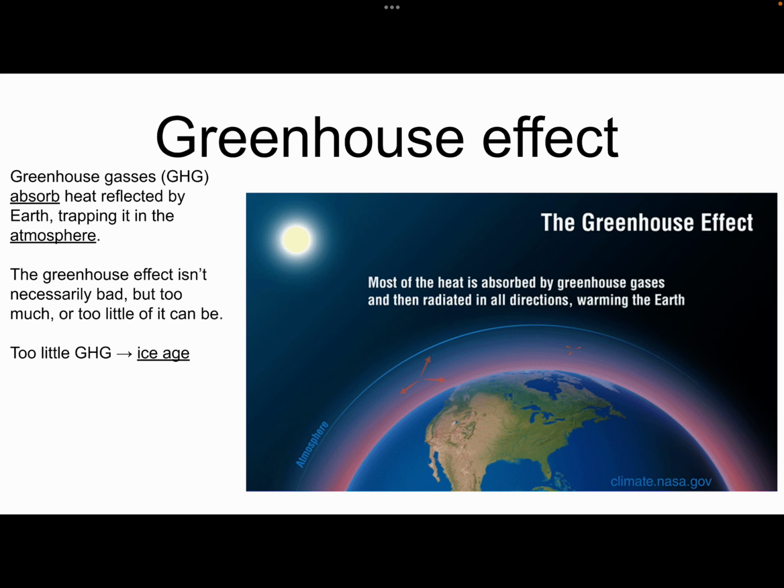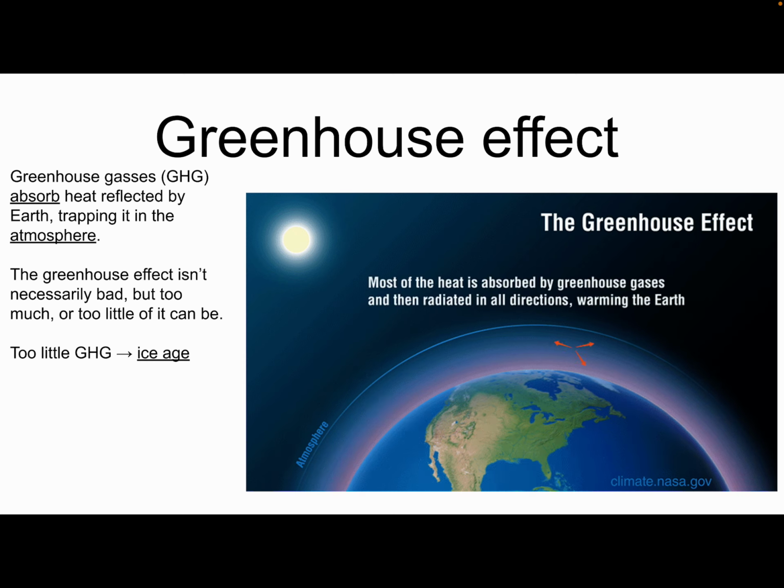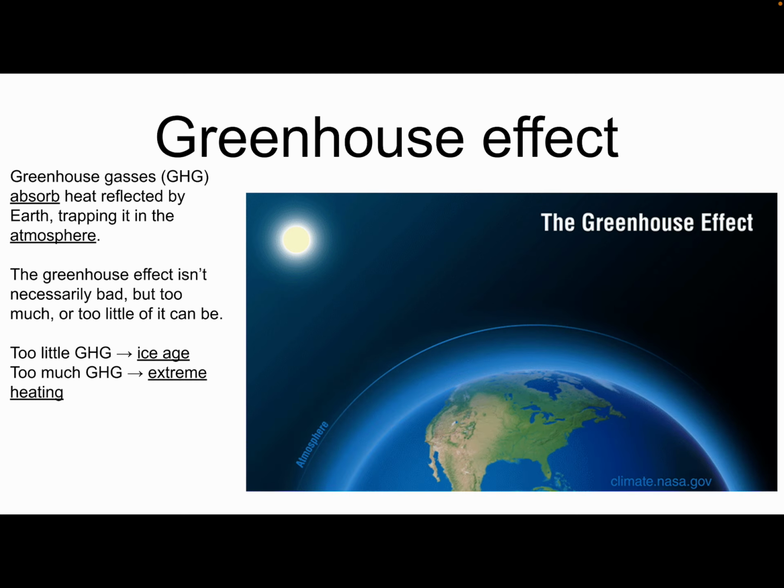If we have too little greenhouse gases, we don't have enough heat and we wouldn't be able to survive. We would be in an ice age. We just wouldn't be able to survive very well without any greenhouse gases at all. If we have too much greenhouse gases, we get an extreme heating situation where it traps too much heat and the temperature would just become too much.